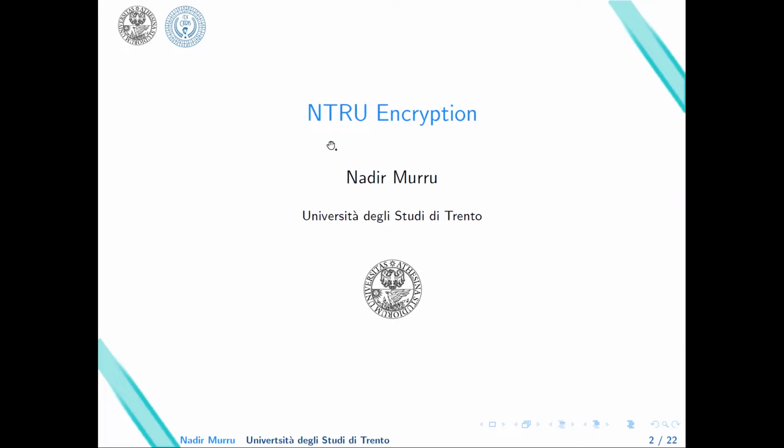This crypto system belongs to the family of post-quantum crypto systems, and in particular to the family of lattice-based ones. Its first version is due to Hoffstein, Pipher, and Silverman, and it was published in the 90s.